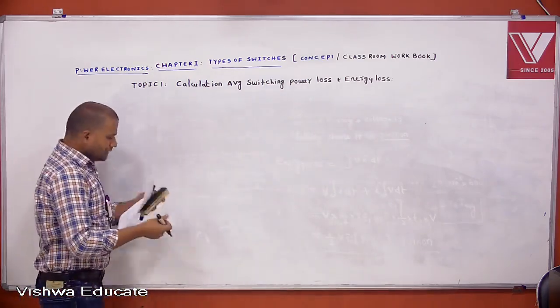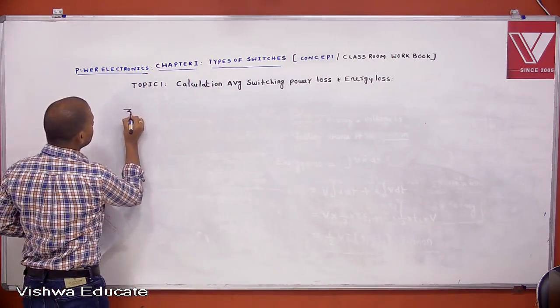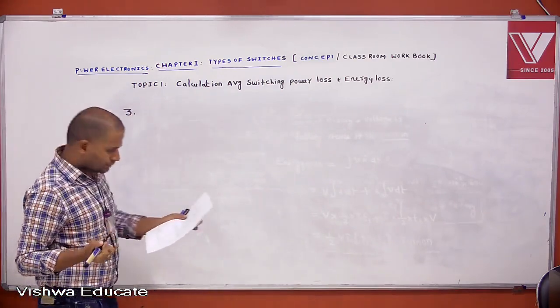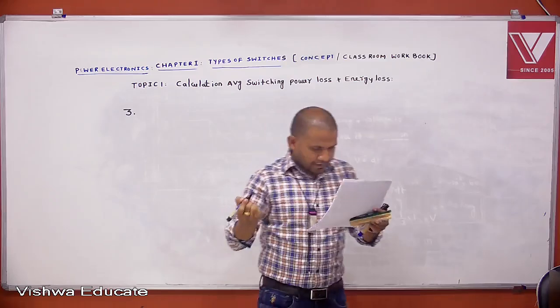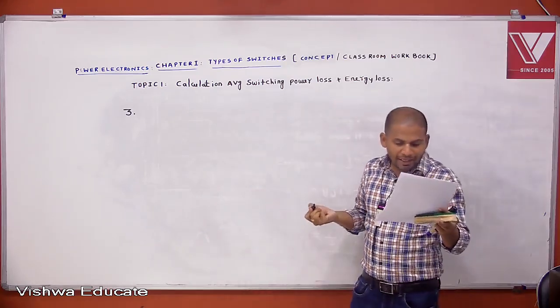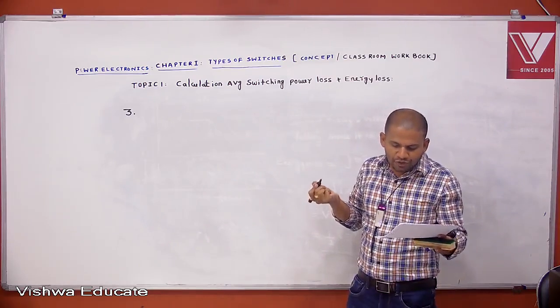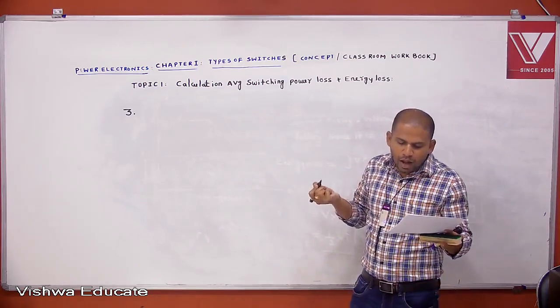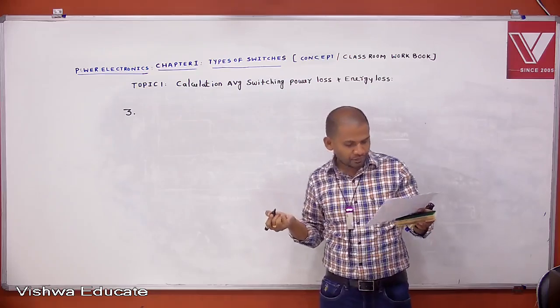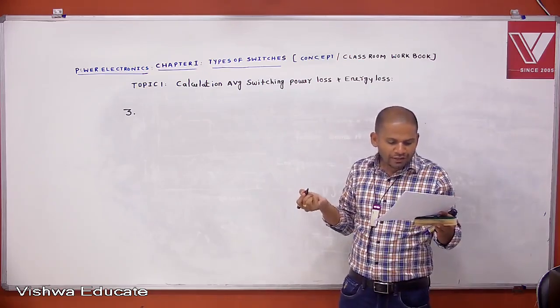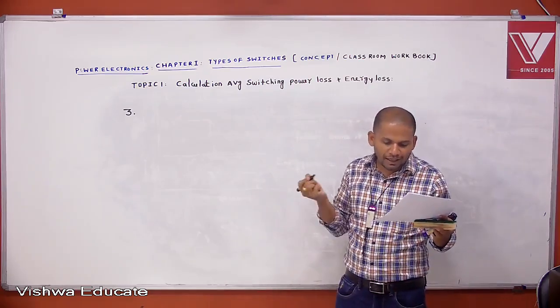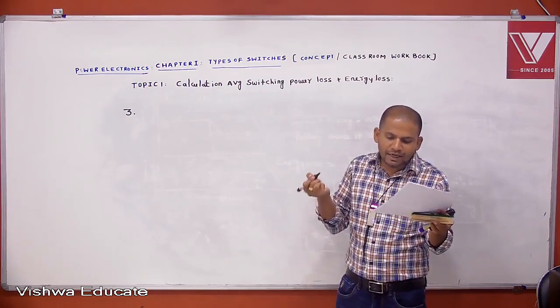Then question number 3. See that in a semiconductor, the anode current rises linearly from 0 to 100 amperes, that is I1, whereas the anode voltage across the device falls linearly from 600 volts to 0.